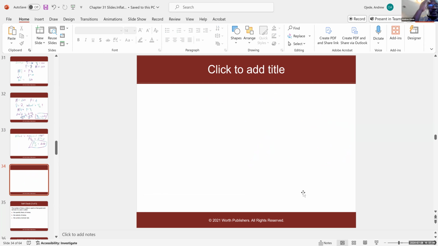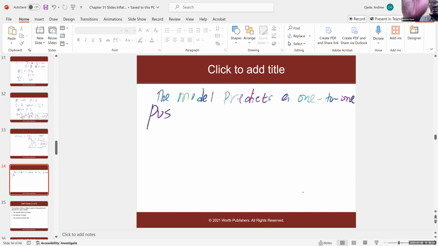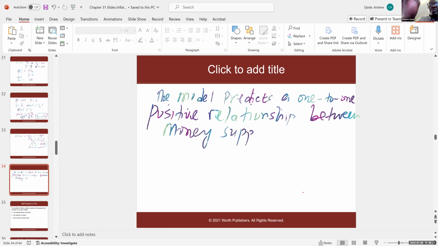So the model predicts a 1-to-1 positive relationship, or correlation, between money supply, M, and price level, P.